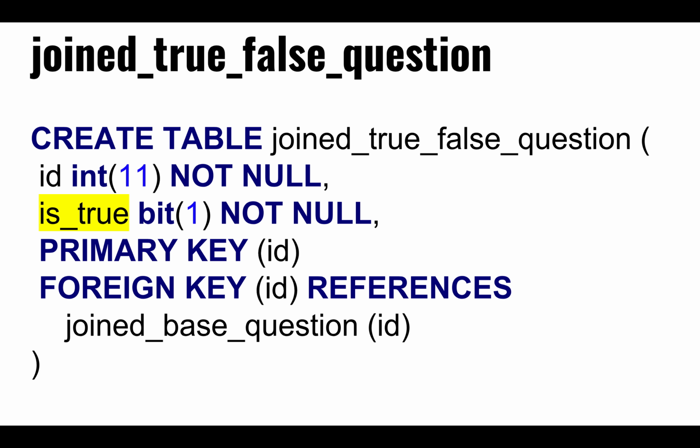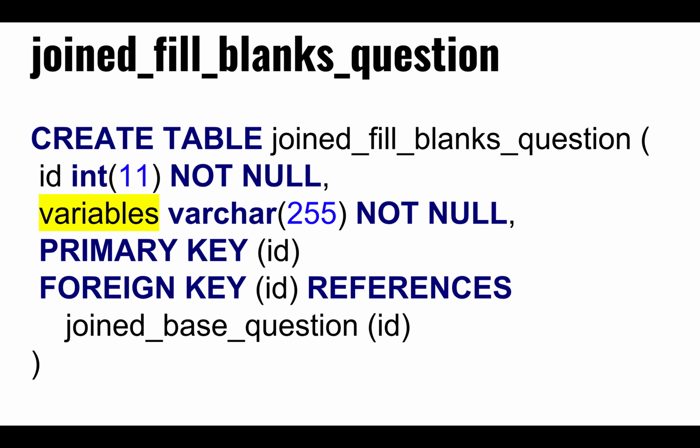But there's no way for us to enforce it. Obviously, our algorithms would need to do the join and retrieve from both tables. But here we are using referential integrity to make sure that there's a one-to-one relationship between the two. If I remove one, I remove the other too. They're part of the same thing. Same thing with fill in the blanks.